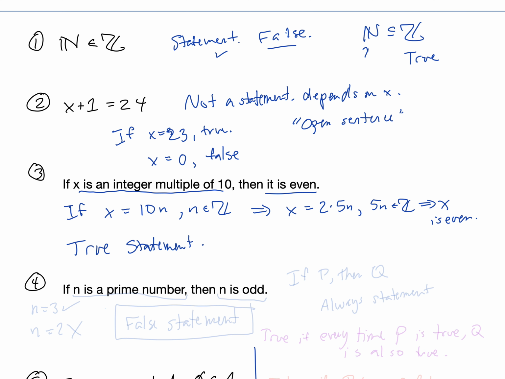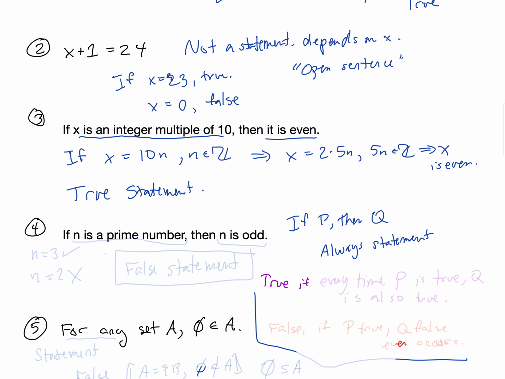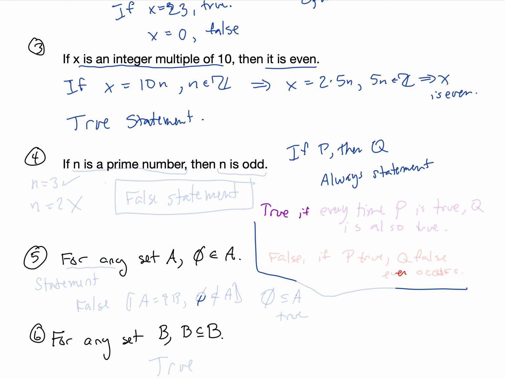Okay, so in general, an if P then Q statement is always going to be a statement. It's true if P always implies Q. So in other words, it's true if every time P is true, then Q is also true.